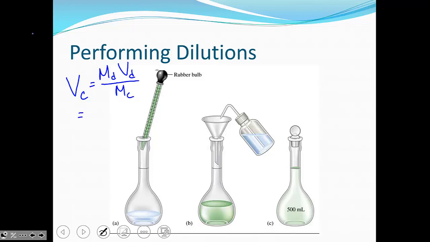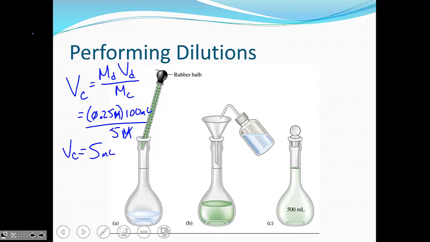The problem says that you end up with 100 milliliters of 0.25 molar and you started with 5 molar. So the volume of concentrate needed to do that, molarities cancel out, is 5 milliliters.